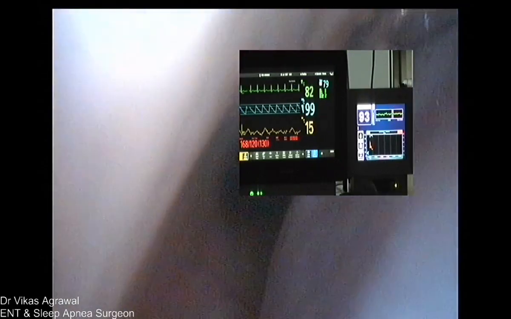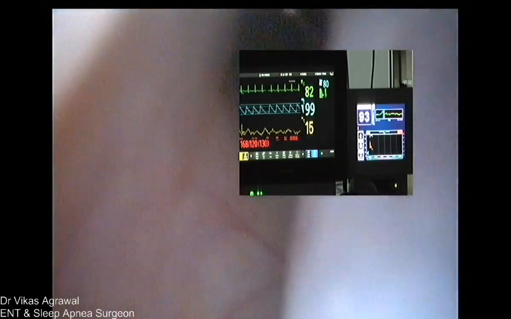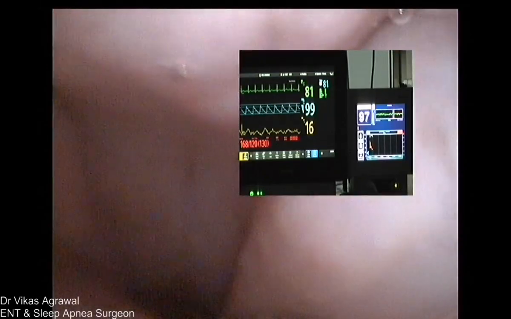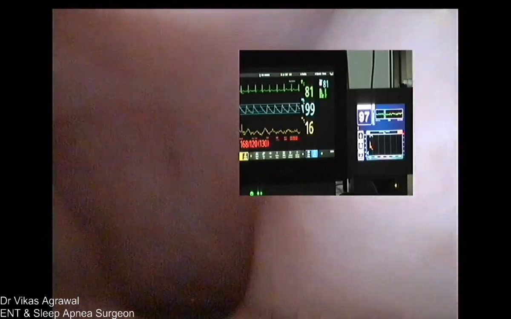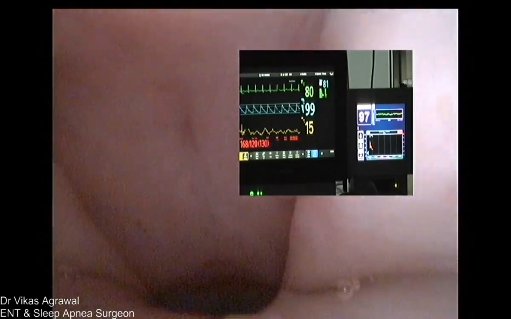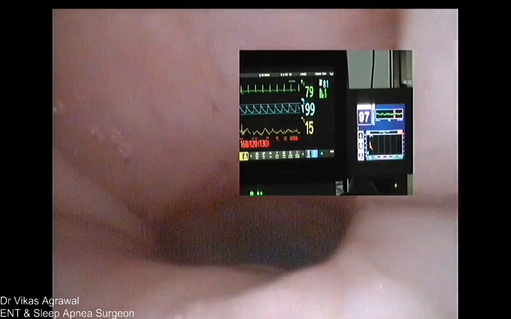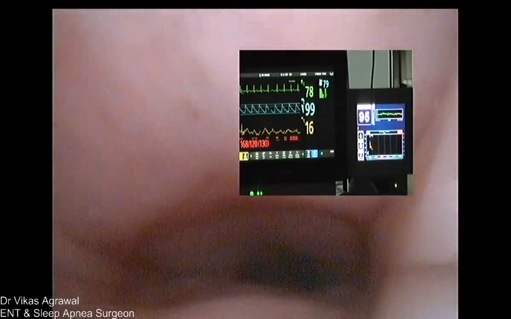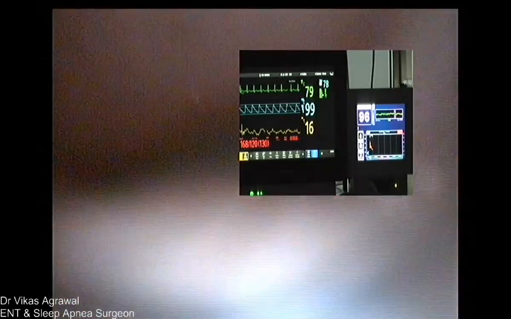He is a 38-year-old male with BMI of around 32 and AHI of 24. And I'm performing a drug-induced sleep endoscopy for him.